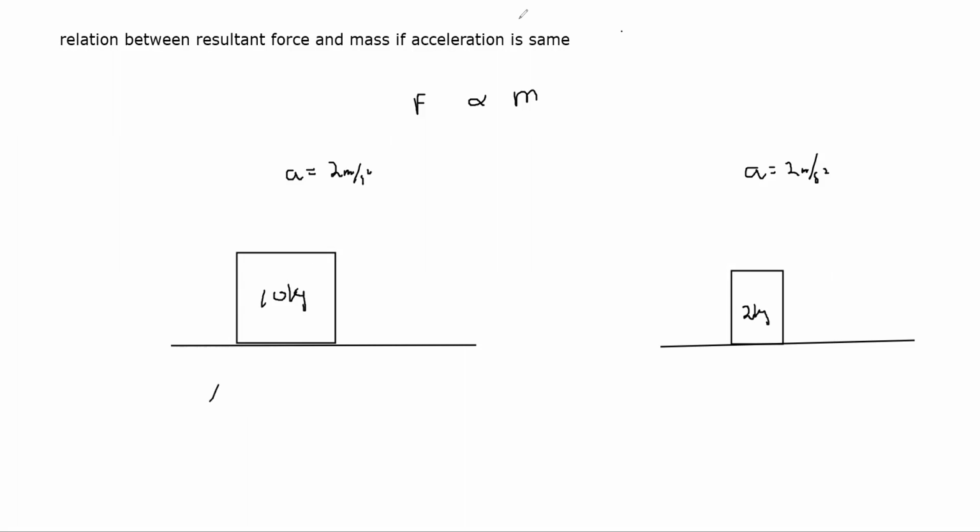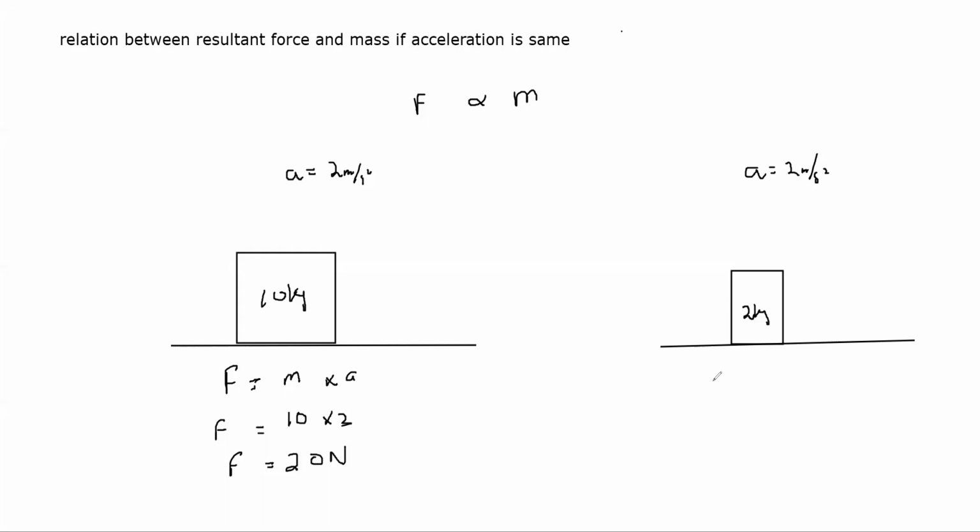So we have the formula F equals ma. So force is mass multiplied by acceleration. Mass is 10 and acceleration is 2. So 10 multiplied by 2 equals 20 Newton.